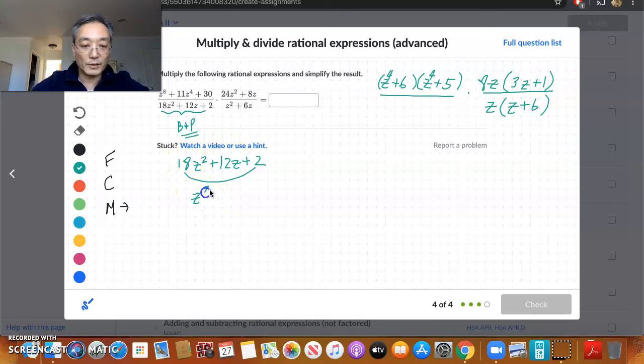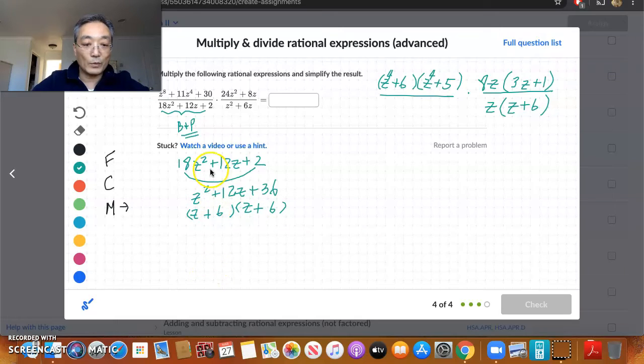So z squared plus 12z plus 36. Okay, and now let's factor this one. Now it's easy to factor because there's no leading coefficient. So it's z, okay, 36. Well, that's 6 and 6, right? But also they add up to 12. So plus 6, like that.